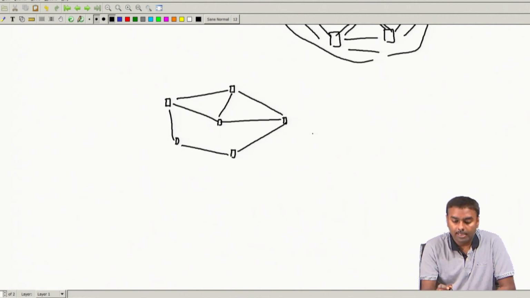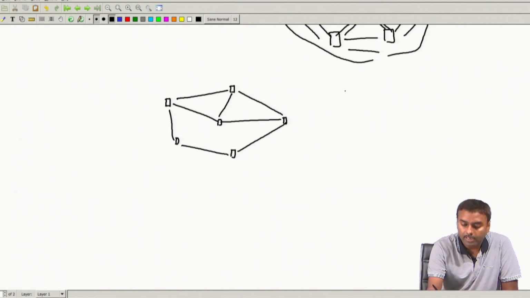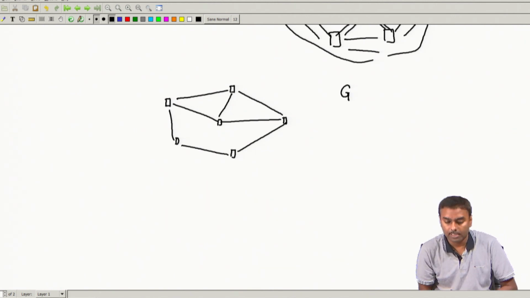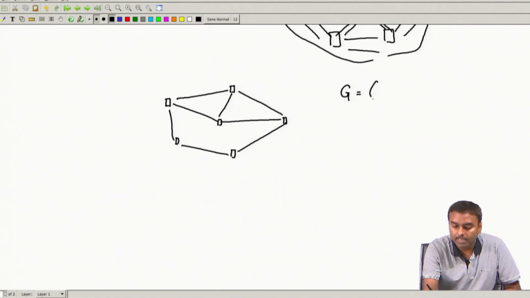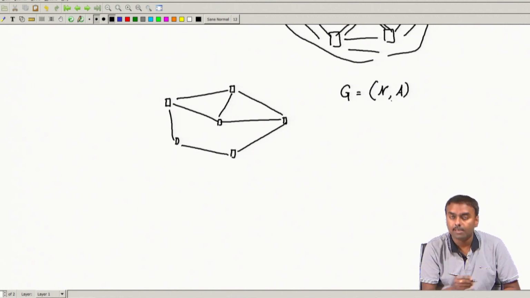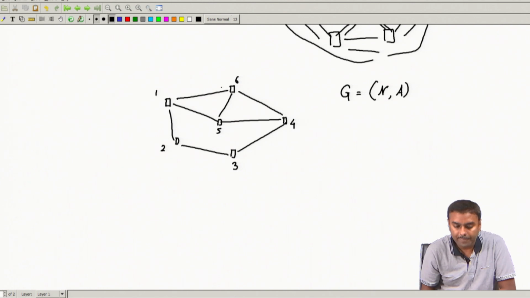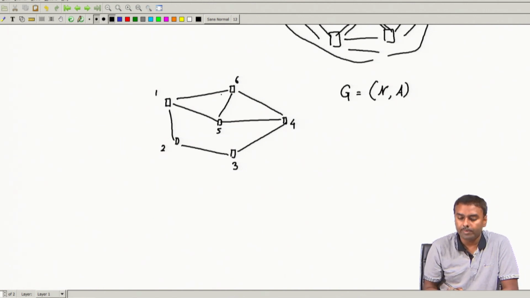Suppose this is a particular graph we have taken; it is of course a network. A graph is nothing but a set of nodes and a set of arcs. Let us say I name them 1, 2, 3, 4, 5, 6. Those are the bridge IDs, and the connectivity between them.